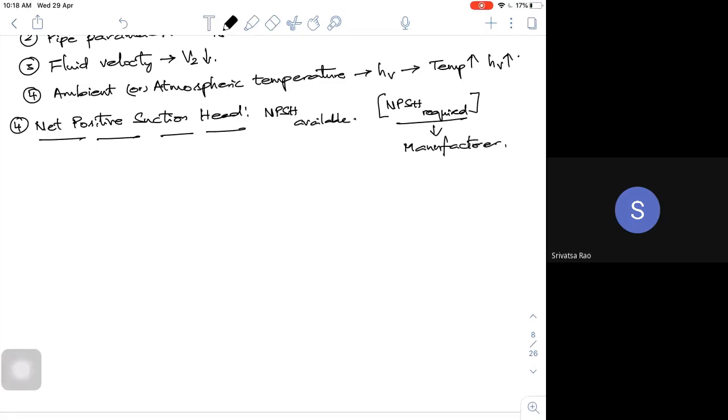While designing or manufacturing the pump, he will calculate and give that number. Now, NPSH available is at the time of installation; once the installation is done, we ensure this net positive suction head is always maintained. What is it actually?